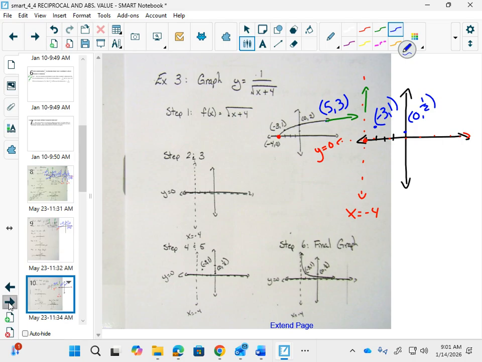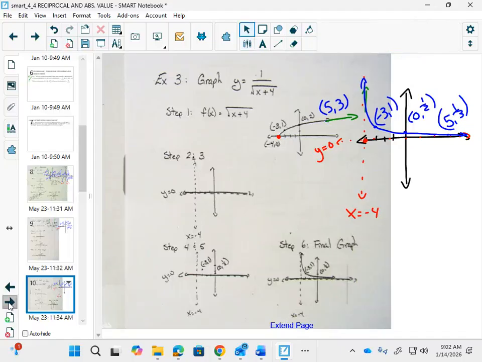What's going to happen to 5 comma 3? All you do is change your y values to 1 over what they were before. 5 comma 3, 5 comma 1 over 3. And in fact, this is enough information for us to draw things towards our asymptotes, and our graph is done. Notice there's nothing to the left of x equals -4, but there was nothing to the left of x equals -4 to begin with. So that should make sense.